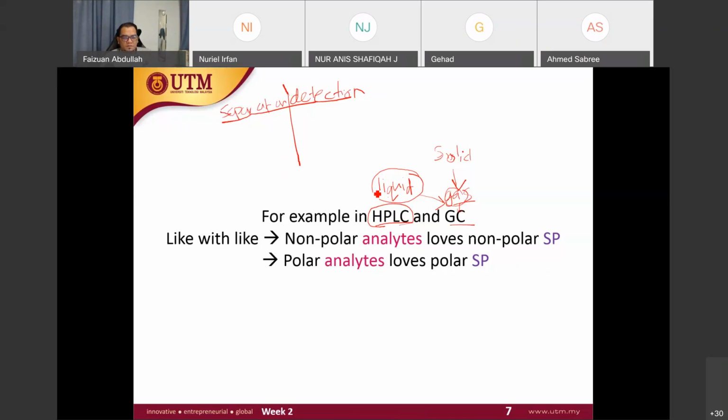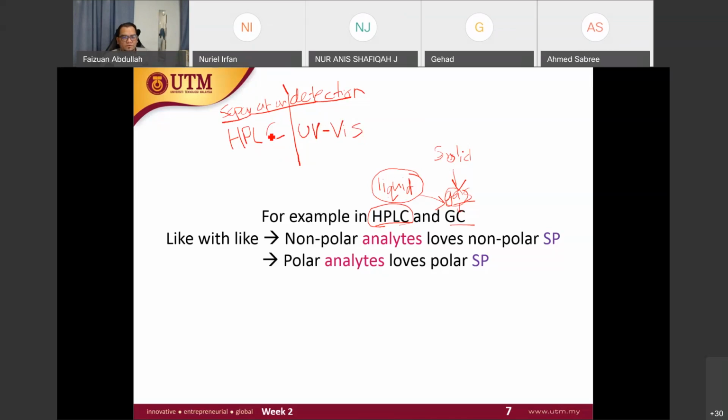Okay, so now, for example, for the separation we have high performance liquid chromatography. For the detection, normally we have UV. What is UV? Ultraviolet. UV-Vis, right? Ultraviolet and visible range of spectrum.